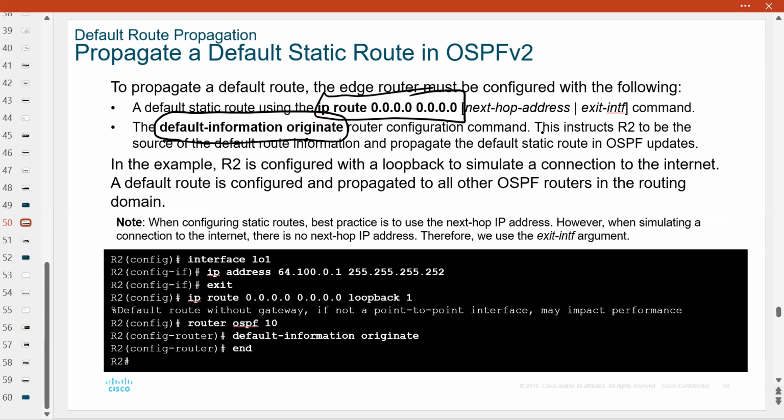So instead of manually configuring the default route at every router, we configure it on the router directly connected to the default route. Then we tell that router to tell every other router in the network, this is your default route, this is what you need to use. Basically, that is what the default-information originate command does.